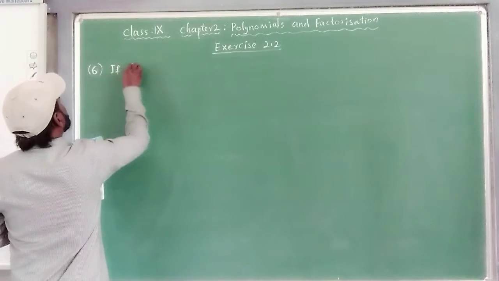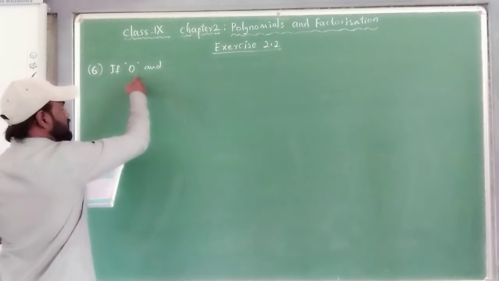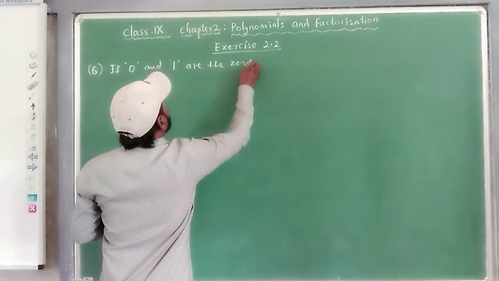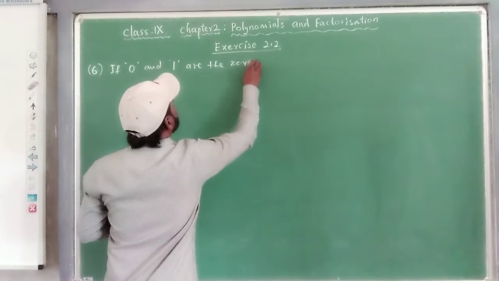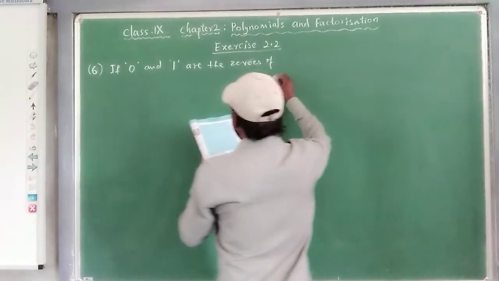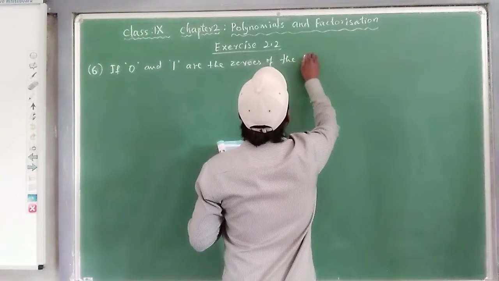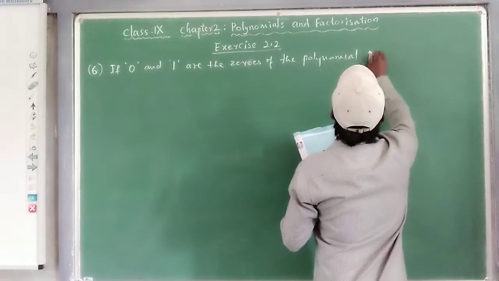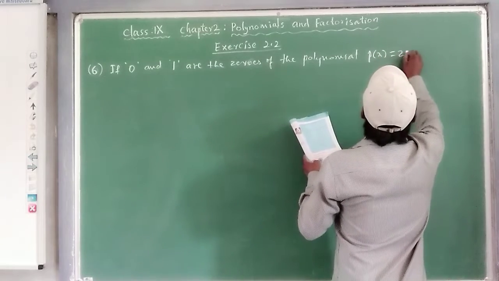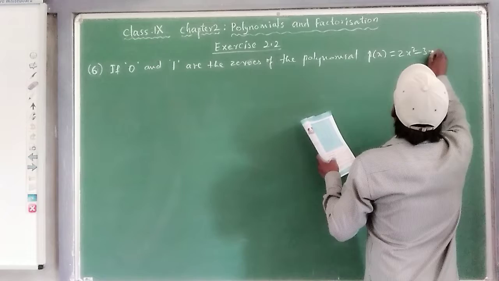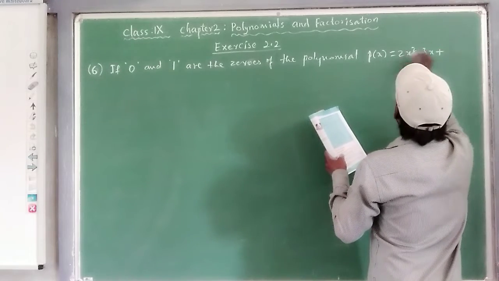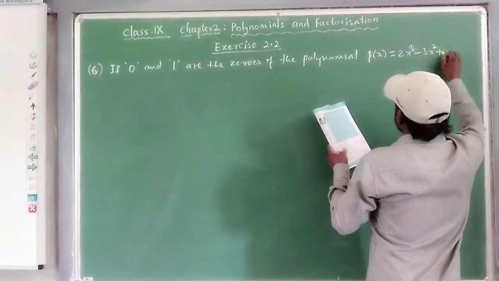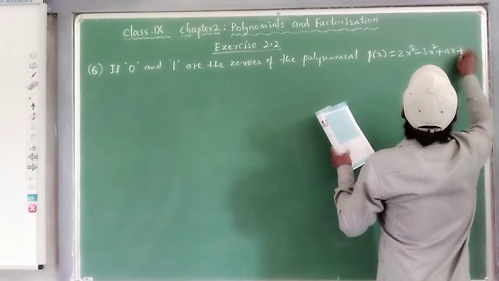If 0 and 1 are zeros of this polynomial, p of x is equal to 2x cube minus 3x square plus ax plus b.